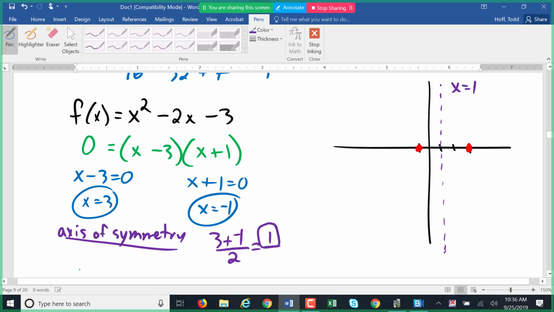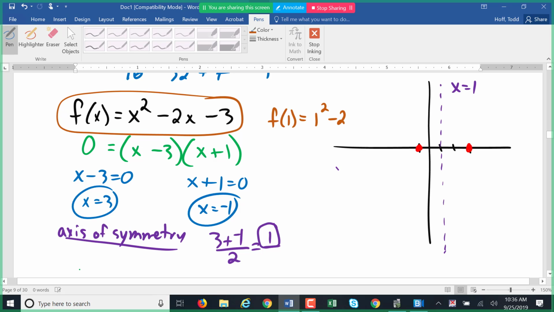So we can find our vertex from that by putting 1 back in here for x. So f of 1 equals 1 squared minus 2 times 1 minus 3. 1 minus 2 minus 3 gives us negative 4.